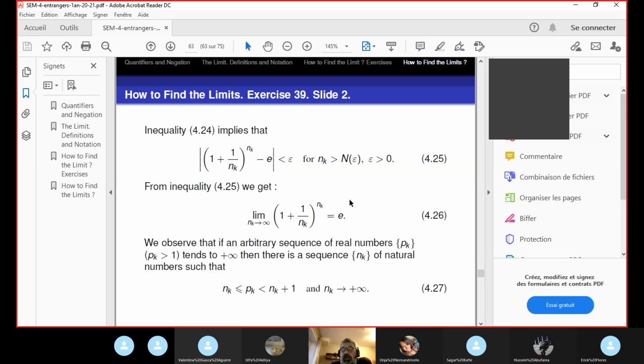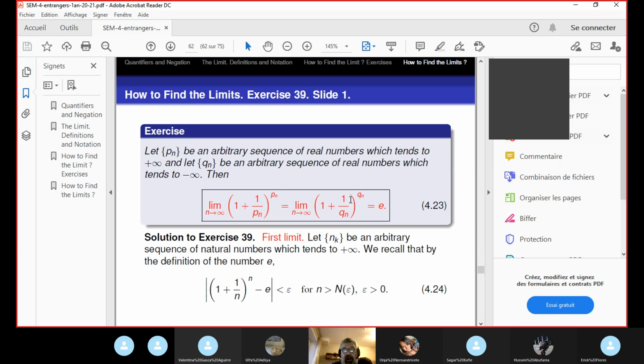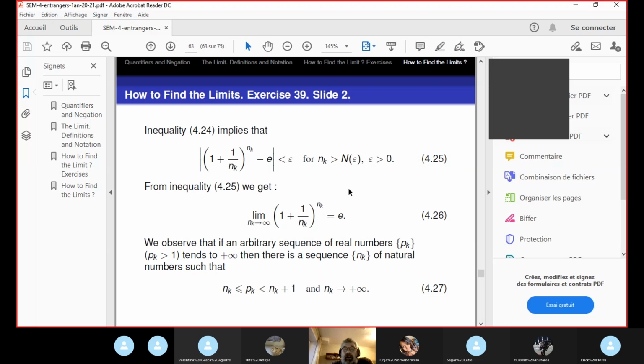It's the formula 4.25. You see, in the previous slide I had it for any n, now I have maybe a special sequence, but also a sequence of natural numbers. So the same result holds true.